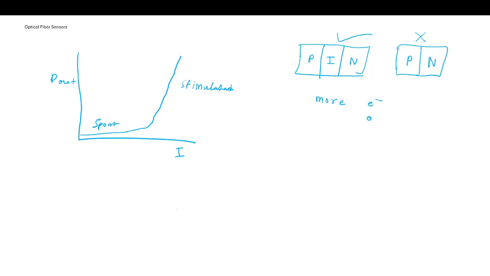Hole generation. Now we will go to the optical receiver, and we'll discuss those things. If you have doubts, you can text on the meet chat. I'll check the meeting chat. So moving towards the optical receiver, which is very important for the detection system.